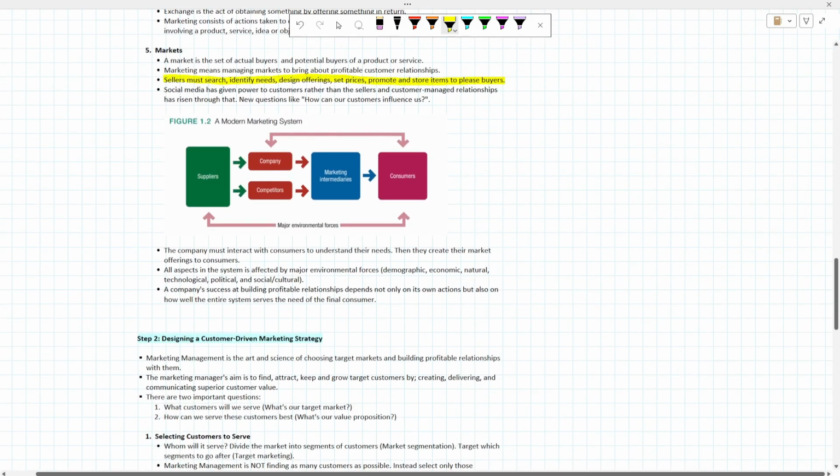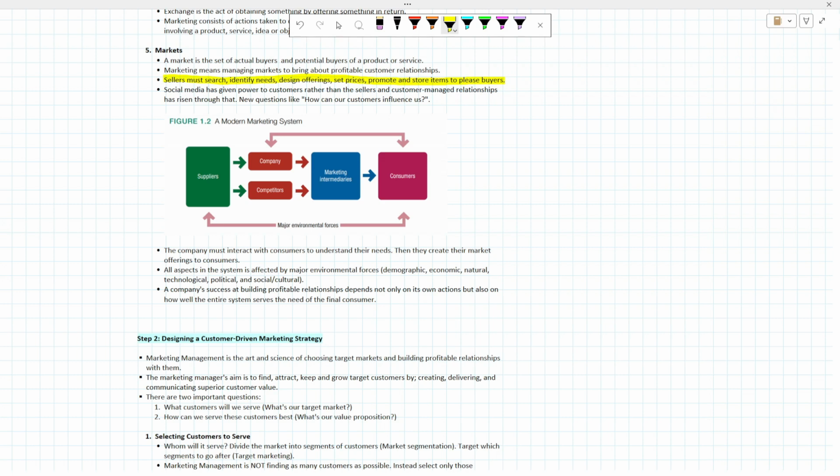So here's a picture from the book itself of the suppliers, the company, its competitors, its marketing intermediaries, and the consumers. So the company must interact with consumers to understand their needs. Then they can create their market offerings to consumers.